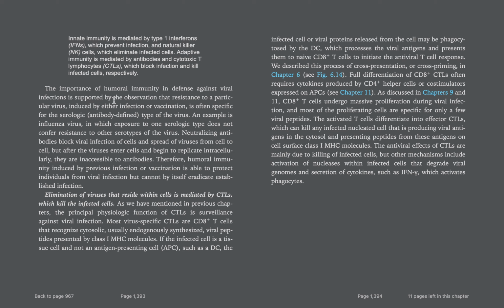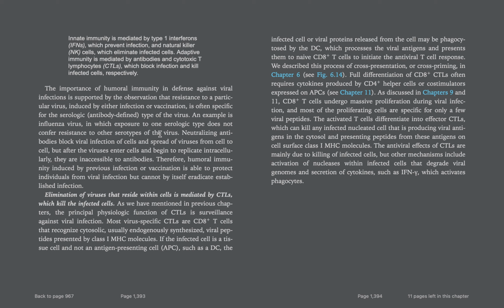The importance of humoral immunity in defense against viral infection is supported by the observation that resistance to a particular virus induced by either infection or vaccination is often specific for the serological, antibody-defined type of virus.